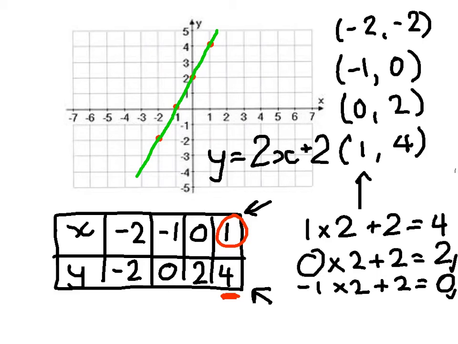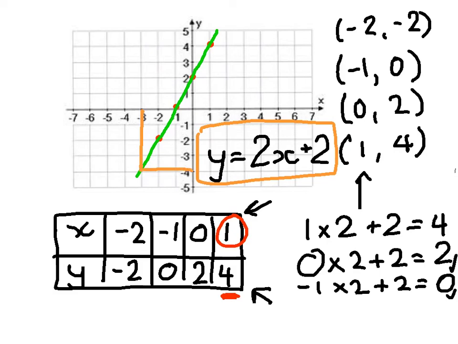Okay, and this is my rule that holds true for every single point on that green line. Okay, so if I was to look at x equals -3, so I'm looking at this point here, and I go down to where it meets the graph, I go across to there.